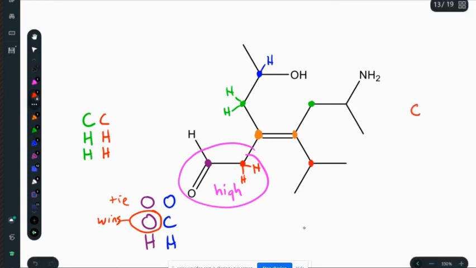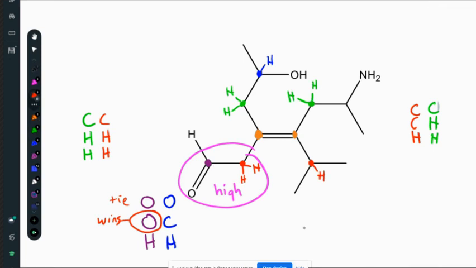The red one is bonded to C, C, and H. The green one is bonded to, sorry, C, H, and H. Right? This is bonded to 2 H's. This one down here is just bonded to 1. So again, I have a tie in the first row, but then a winner in the second row. And that's going to make this group here high priority on the right.